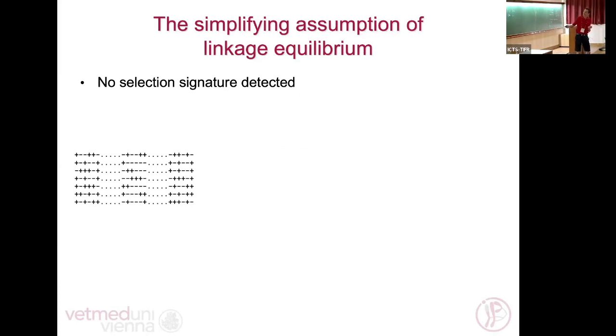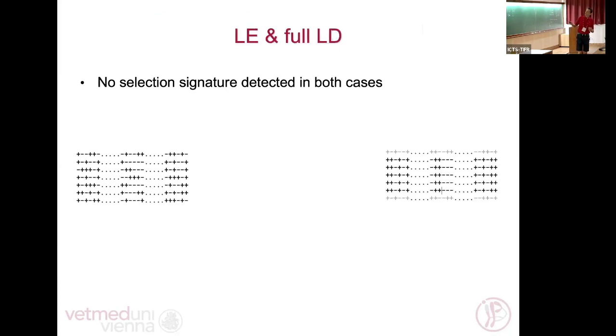So if we have linkage equilibrium, this would be all loci here with pluses and minuses. And if we have free recombination, then basically when you sample enough, all your chromosomes will have the same number of pluses and minuses, and there is no fitness difference. You don't find any selection signature. And if you have full linkage, then it's the same situation.